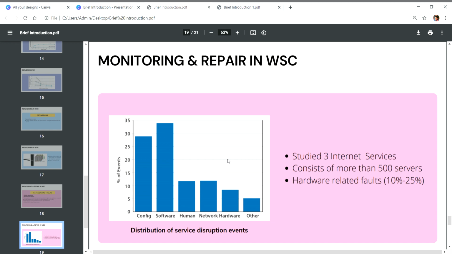As you can see here, they conclude that operator misconfiguration errors are the largest contribution to service level failures, with hardware related faults, server and networking, contributing 10 to 25% of total failure events. As you can see on this bar graph, this is what they found in a study which consists of 500 servers.